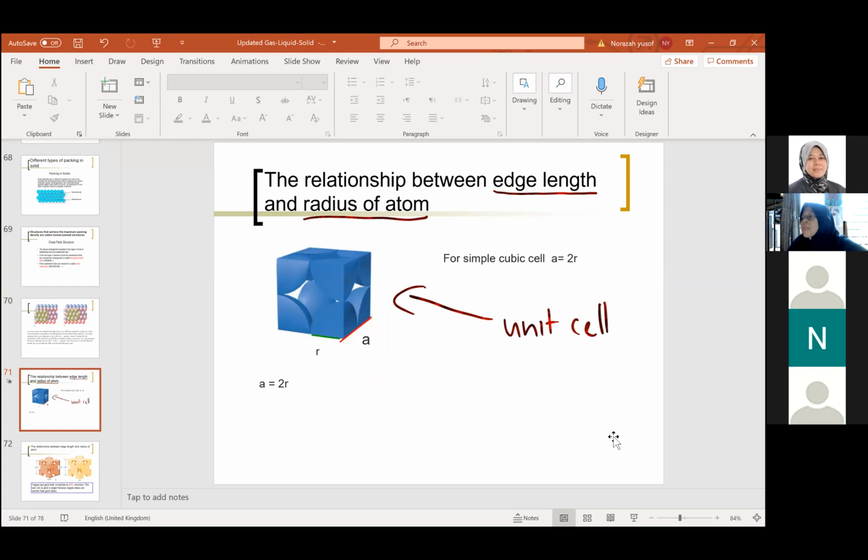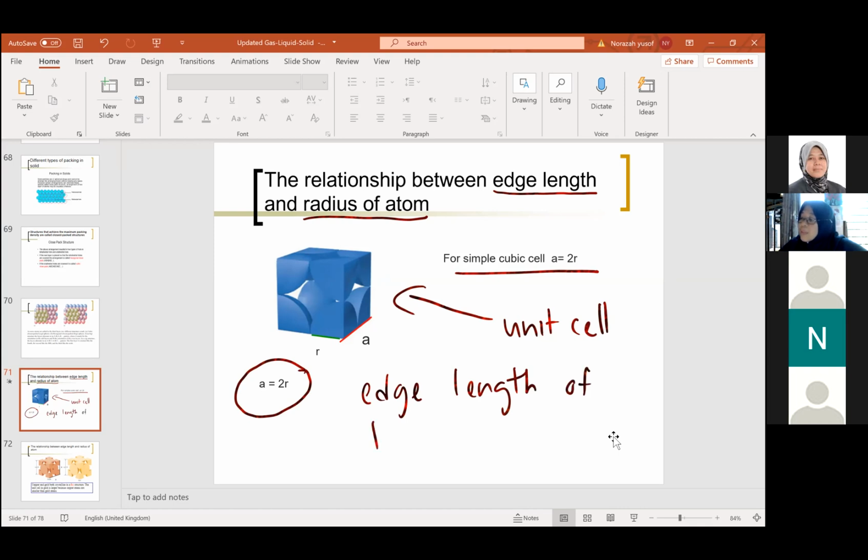You can see this is for the simple cubic cell. A, sometimes the question does not give you A, but A means the edge length of the unit cell.